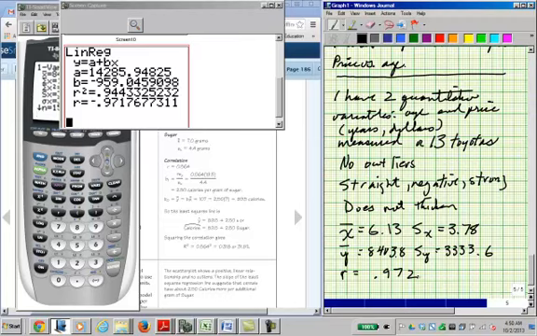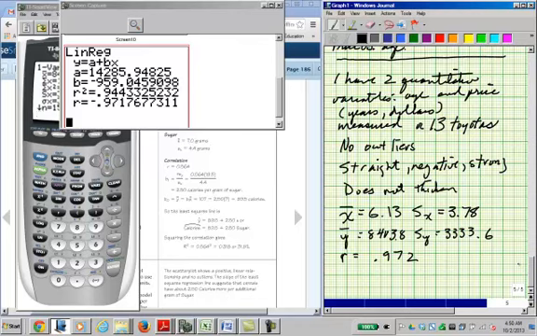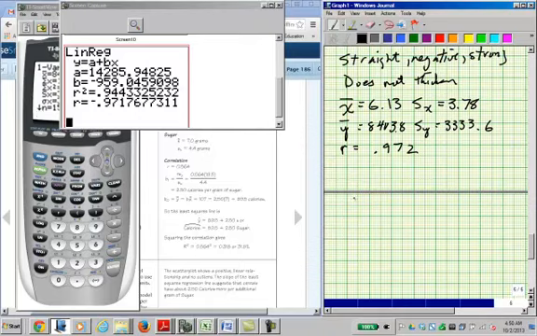Okay, so we can actually use this to calculate B sub 0 and B sub 1. So B sub 1, in the model Y hat equals B sub 0 plus B sub 1 times X.